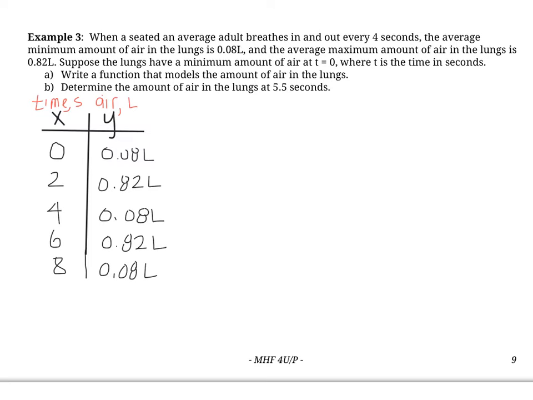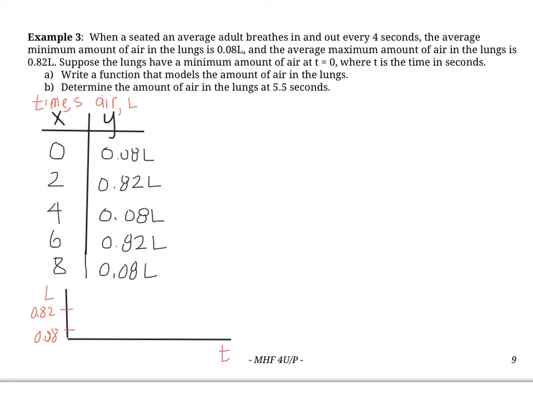So now that we have that, if you need to do a quick sketch to help you, go ahead and do a quick sketch. On our x-axis we know is time, and on our y-axis we know is air in liters. And so we're going to bounce in between 0.08 liters and 0.82 liters.